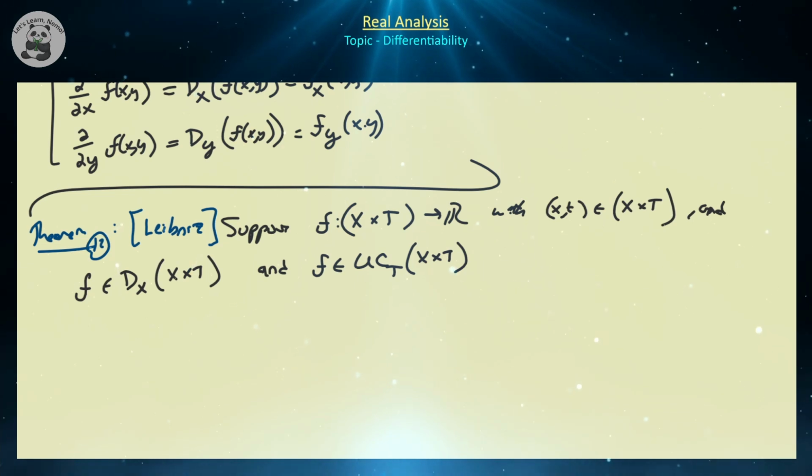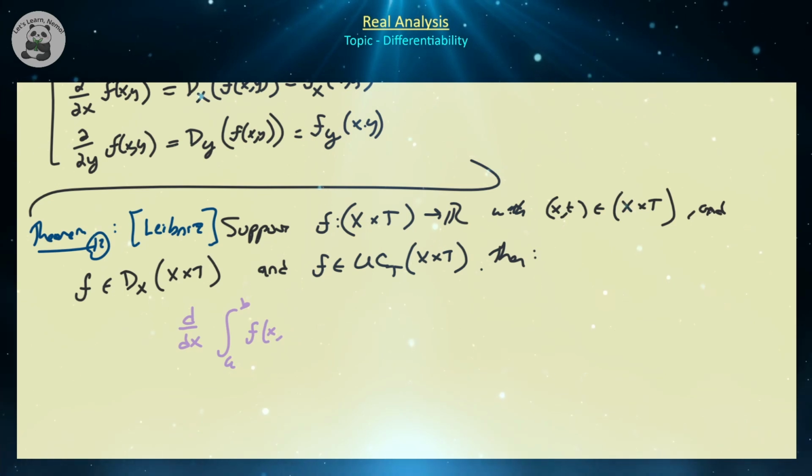So when we say f is uniformly continuous in t on x cross t, that means we practically treat x as a constant and show that f is uniformly continuous as a function of t, right? So f is x partially differentiable in x, and f is uniformly continuous in t. Then, if that is true, and if one decides to do the derivative with respect to x, and keep in mind this is just a normal derivative, of this function, right?